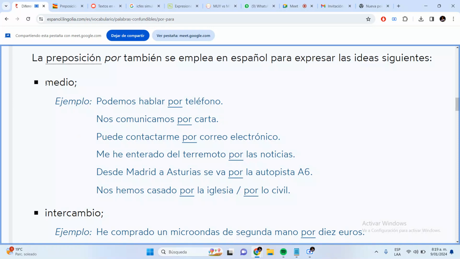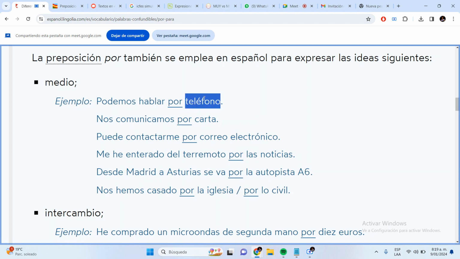When you're talking about the object or the thing you use to do something, you can use por. That is, if you're calling someone by phone, right? You're going to use por. Like podemos hablar por teléfono. Or nos comunicamos por carta.